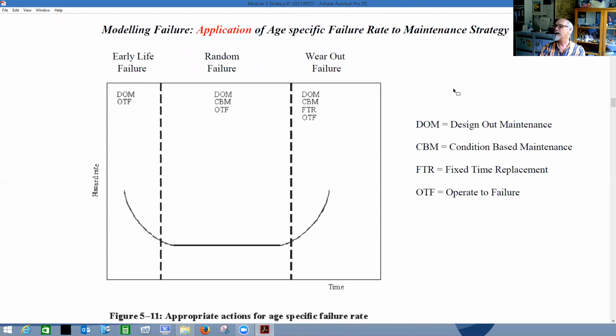Whereas for something like the wear out failure, as you might imagine, once it gets to that age, you just run it to fail or operate to fail. There may be a fixed time replacement, so then you just run that component, that filter, out for 10,000 hours, and that's it. As soon as you get 10,000 hours, you throw it away. So this is mapping and saying to you, okay, you can fit those strategies to those age-specific fail rates.